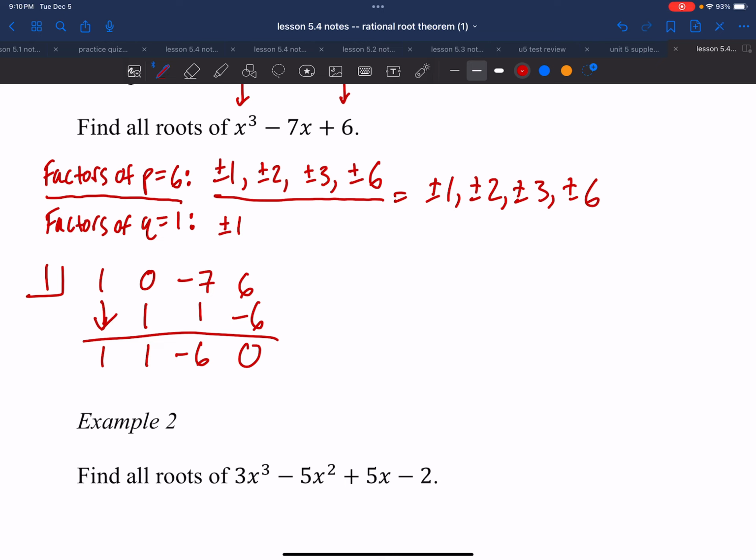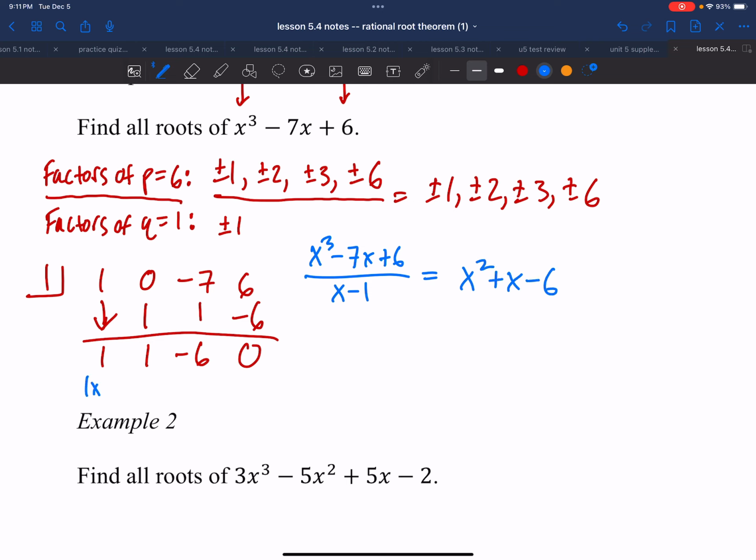So do you actually need to keep going? No, you don't. You could just say, look, if you divide x cubed minus 7x plus 6 by x minus 1, because the root of x minus 1 is 1, so that x minus 1 is a factor of this, then the quotient is x squared plus x minus 6.